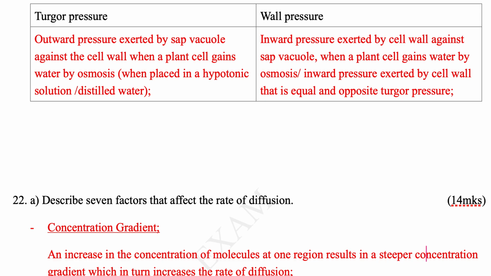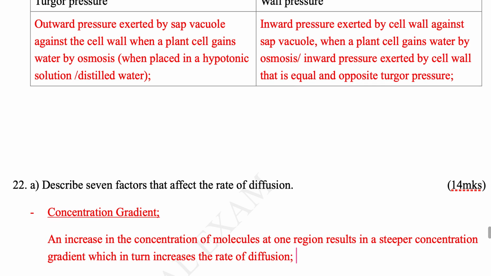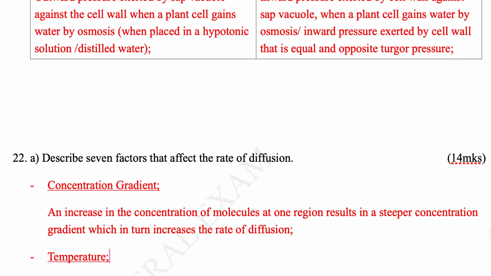Question 22a. Describe 7 factors that affect the rate of diffusion. Concentration gradient: an increase in the concentration of molecules at one region results in a steeper concentration gradient, which in turn increases the rate of diffusion.